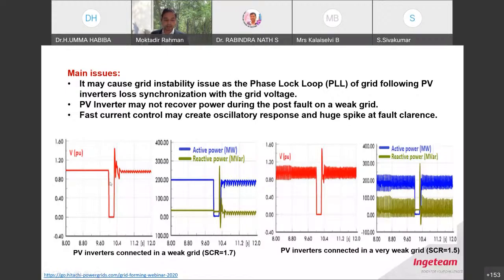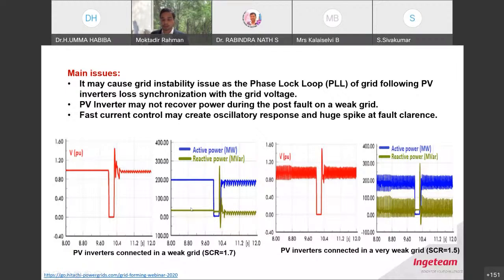And what is happening here? When a fault happens, and when the fault recovers, we see a huge voltage spike and the plant is oscillating. This is not good for the grid. Similarly, you can see what's happening in active power and reactive power. They are not recovering to the pre-fault level; the pre-fault voltage is not restored and the active and reactive power are oscillating.